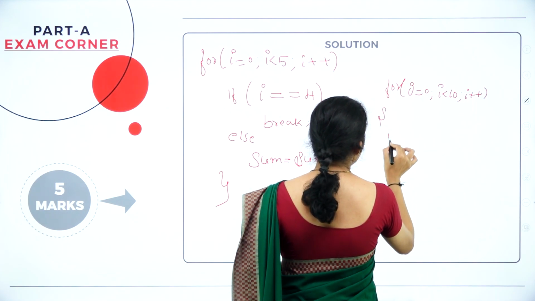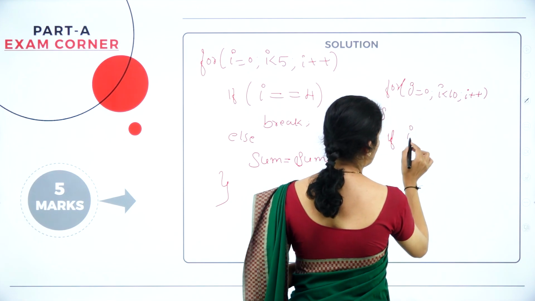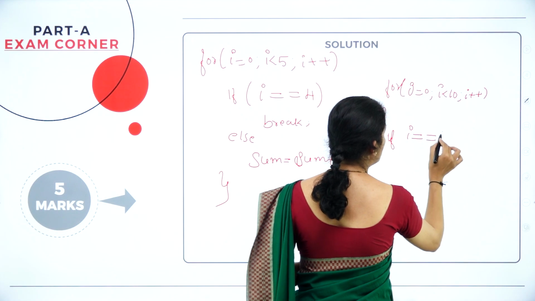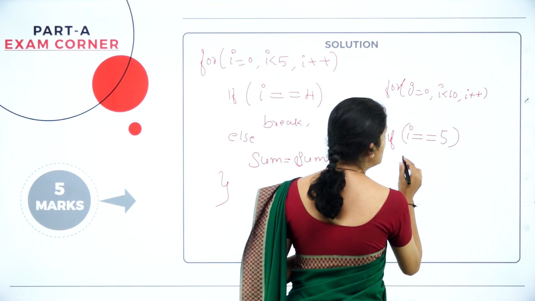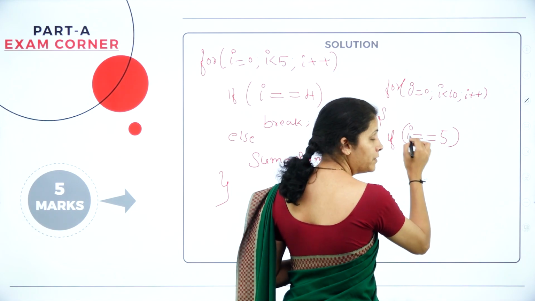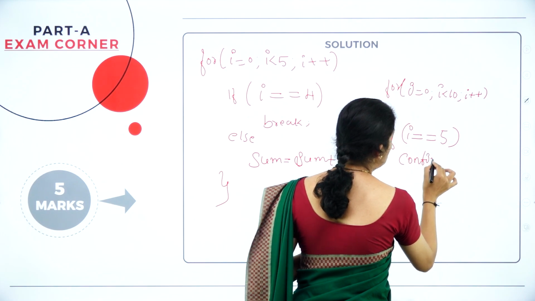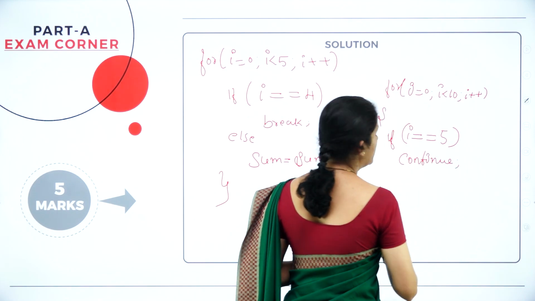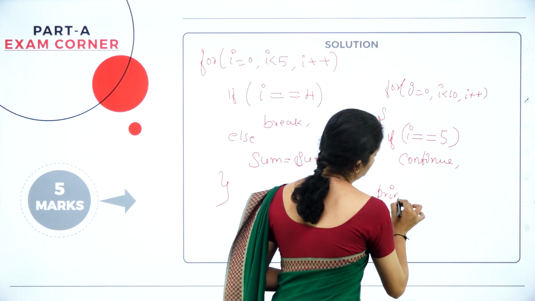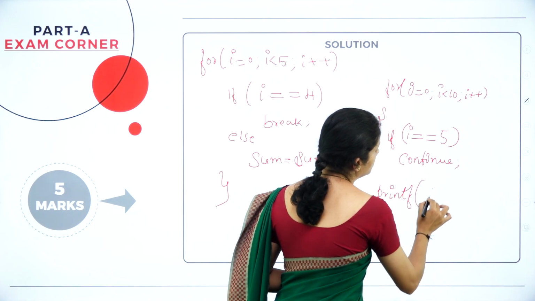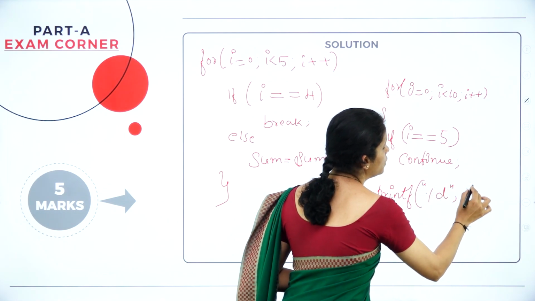If i equal to 5, what do I want to do? I just want to skip the 5th iteration. So, I'll write continue. Otherwise, I'll write printf %d, i, so I'm going to print.